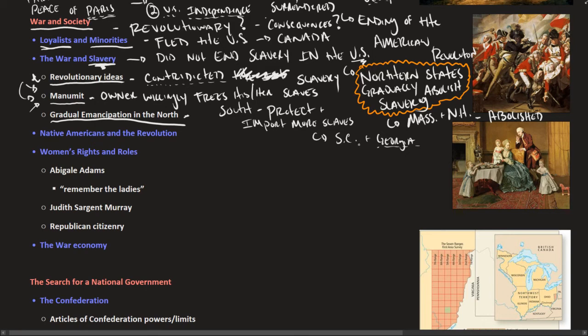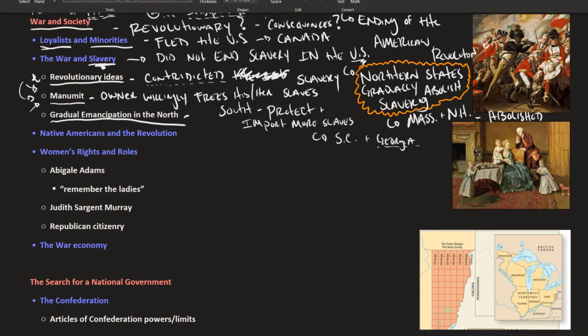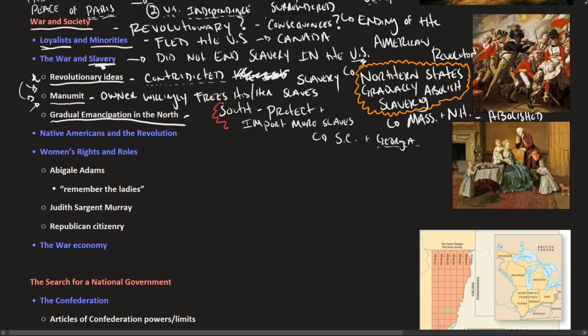In a place like Maryland, for example, perhaps 20% of slaves achieved emancipation through manumission. But it's this contrast here that especially foreshadows what direction we'll be going in. The idea that southern states sought to protect slavery, and the fact that northern states moved to gradually abolish it, sends the United States on a trajectory where the two parts of the country, North and South, end up in very, very different places.